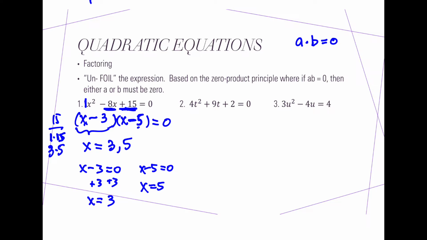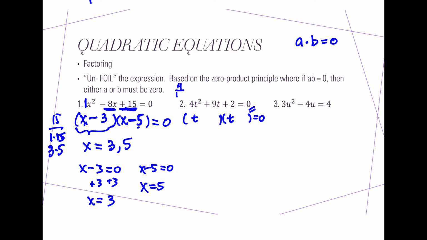For this next one, again, it's set equal to 0. This is key. So we have what we need. I'm going to write in my double parentheses. Also, just like before, we have a positive number at the end here. But unlike before, I also have a coefficient in front of the squared term. So I have that to consider.